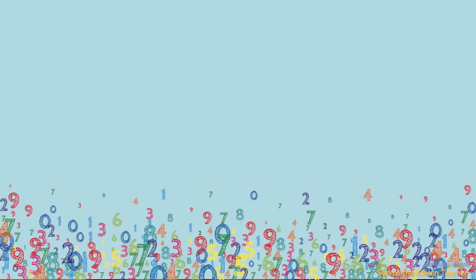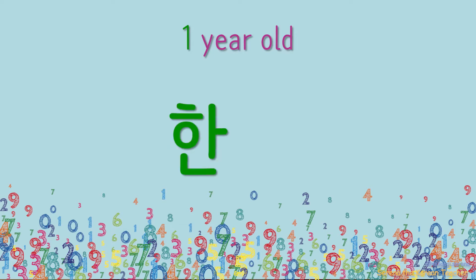Let's put it together with the simplest counter we have, which is years old. Years old is the same as in English. We put the number and then years old. So 1 year old, 하나 turns into 한 살. We have to put a space in between, by the way. 한 살.